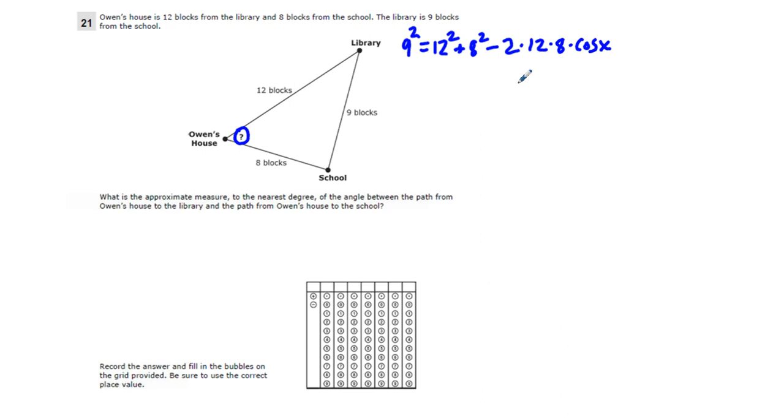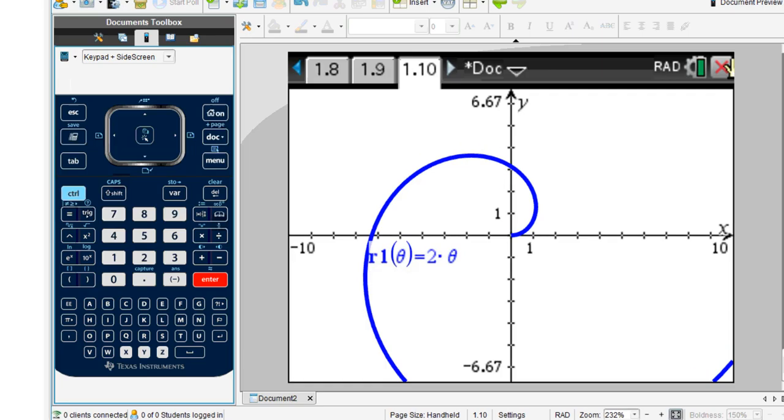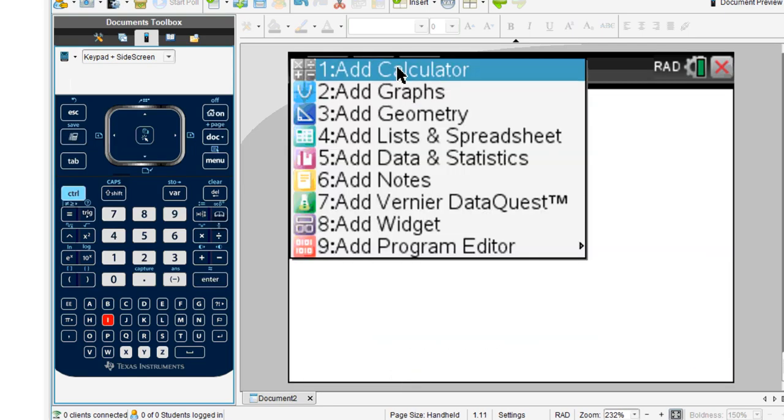That's going to be it. And we can set this up with x as our unknown here. We can use numerical solve. We can do like Julissa did with a mistake there in number 19. But I'm going to use numerical solve. This has been a super long video. I want to get this over with.